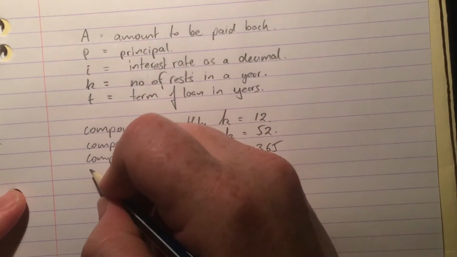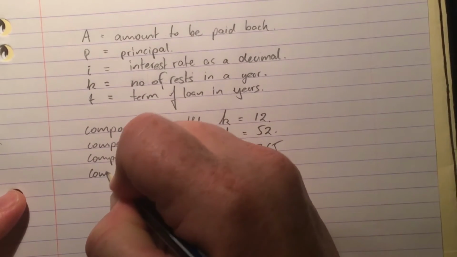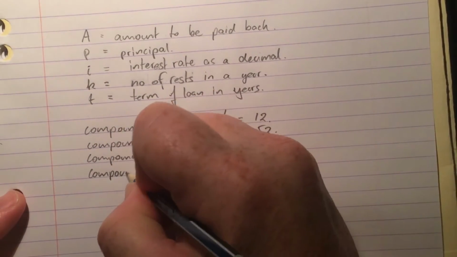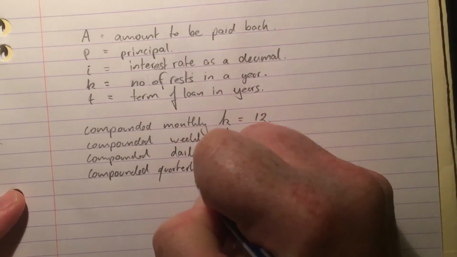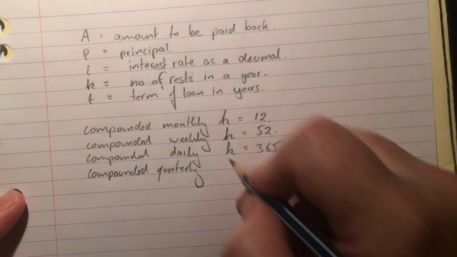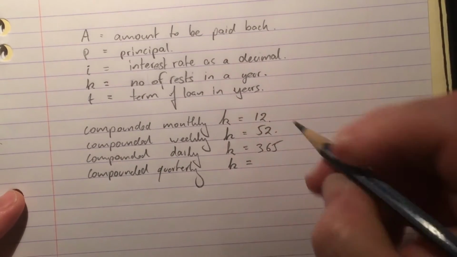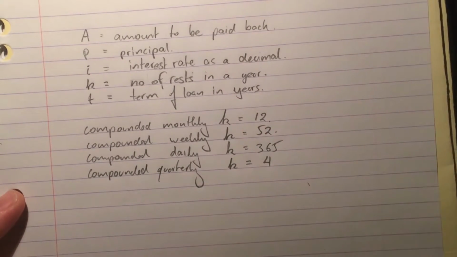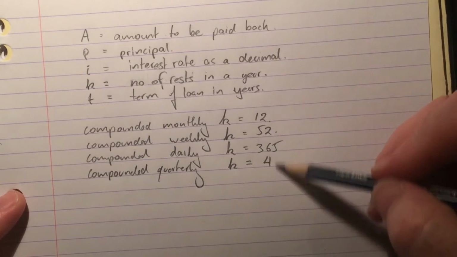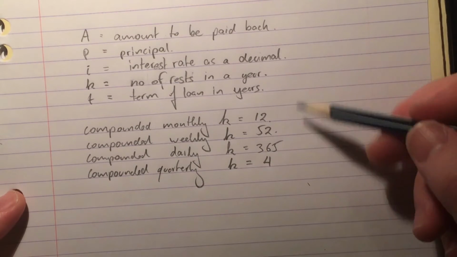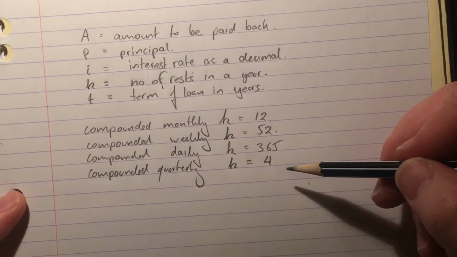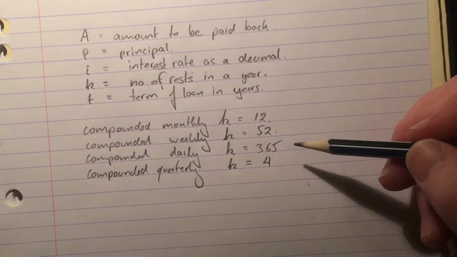So if it's compounded quarterly, then the number of rests in a year would be 4, because there's 4 quarters in a year. So that's what the K value is. It's the number of rests per year, the number of compound periods that occur in a full year.